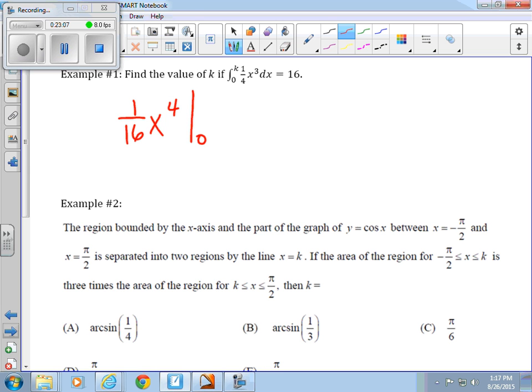From 0 to k. If I were to work this out, I would get 1/16 k to the 4th minus 0. Is that right? And what does that equal? Can I find k? 16 times 16.